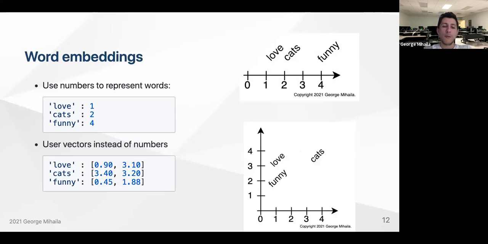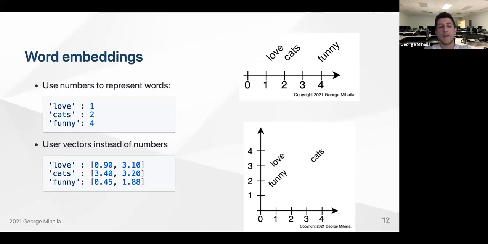Next, what if, instead of one fixed number, we use vectors? We use two numbers in this case to represent the same words. If we plot them on the right, we can easily see that we can start creating more meaning in these representations of words. It's a better representation to use vectors than just fixed numbers.